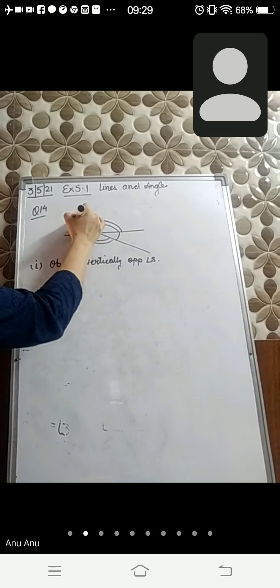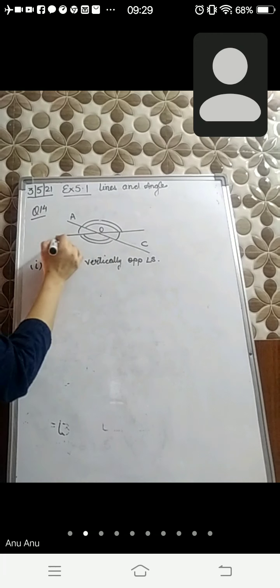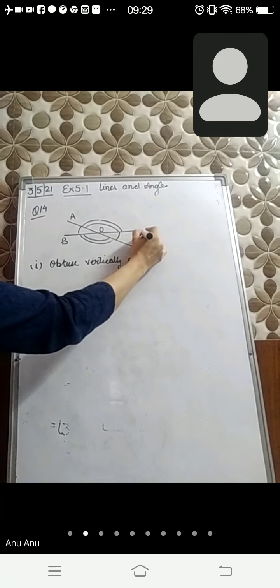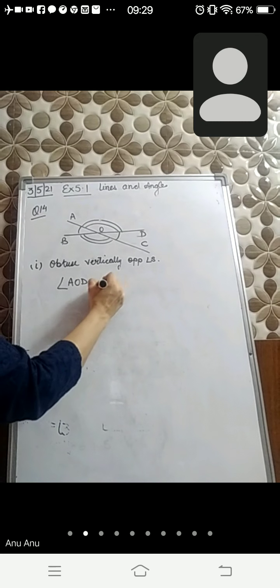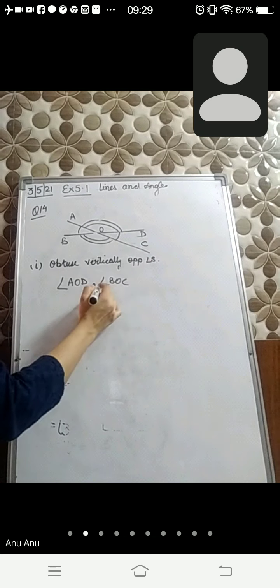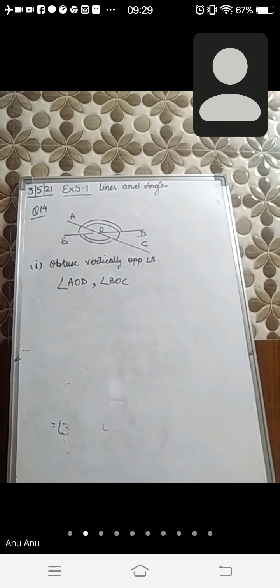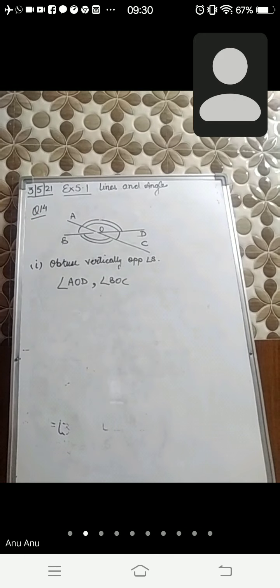Let's give the names A, O, C, B, D. So the obtuse angles are AOD and BOC. Is there any other pair which is an obtuse vertically opposite angle? Is there any other pair, beta?